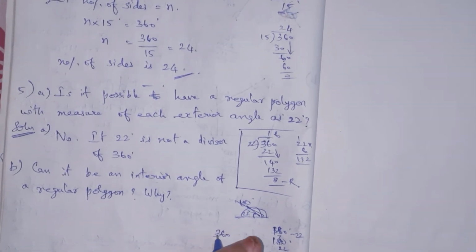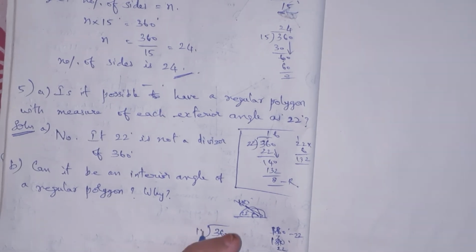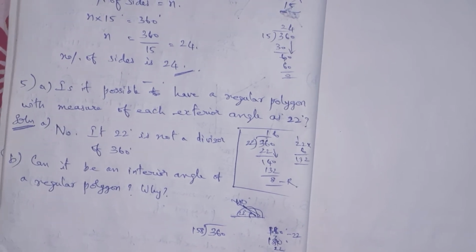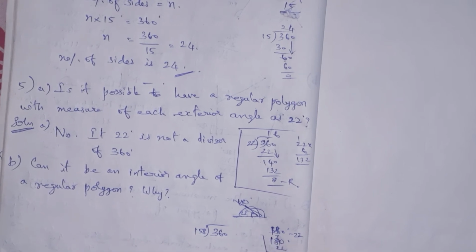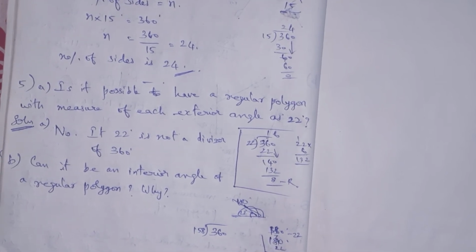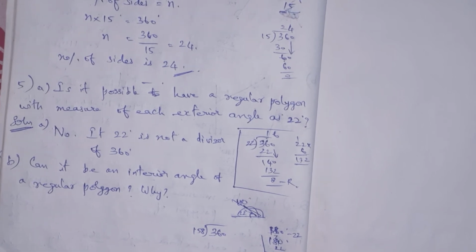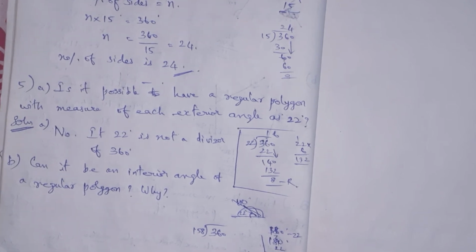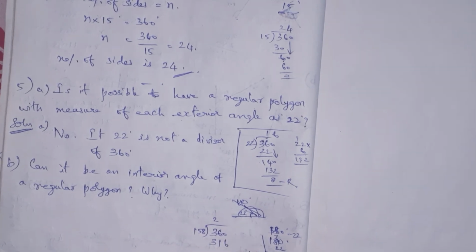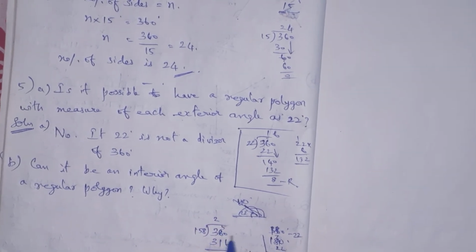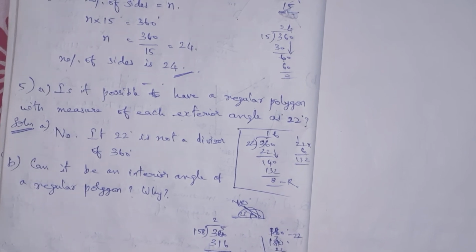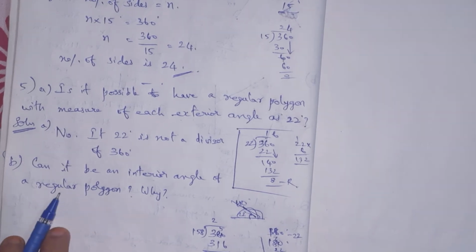We can check 360 divided by 158: 2 times 158 is 316, and the remainder is 44. The remainder must be 0; only then can we say it is a regular polygon.